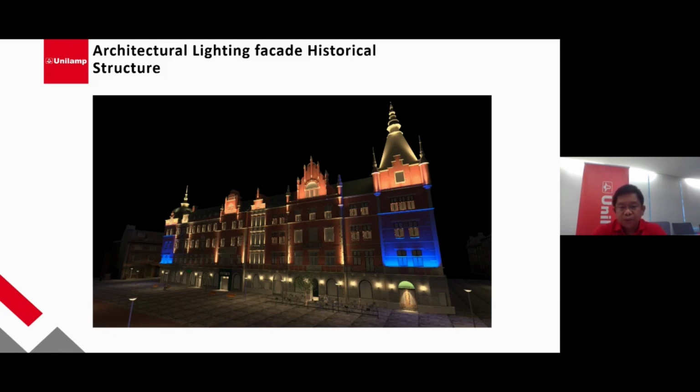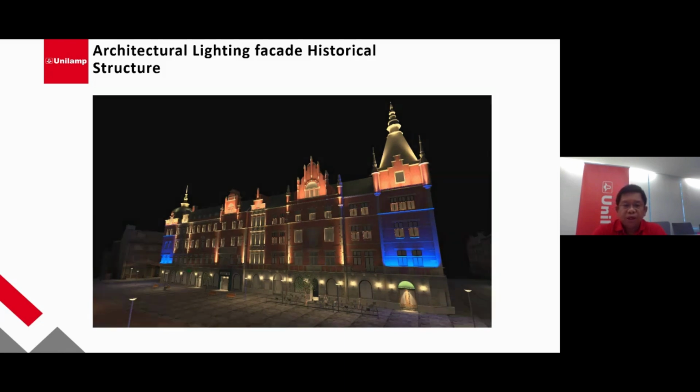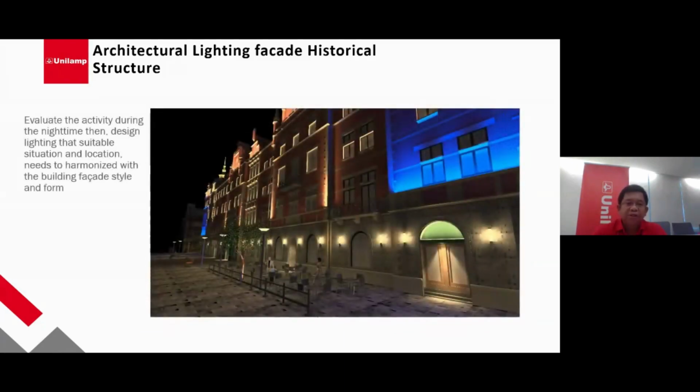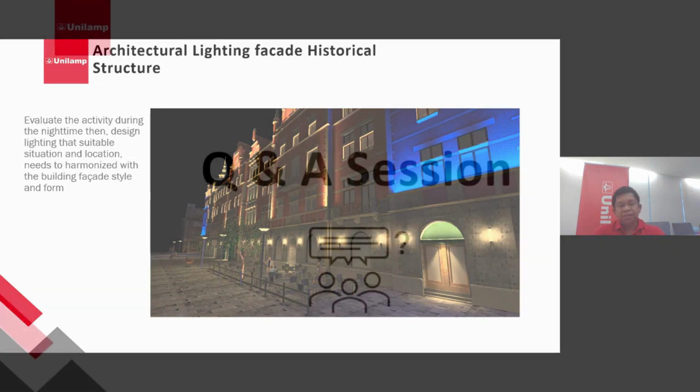So we try to introduce something as close as possible to blend with the structure. We use the stick here to blend with the building and also with its history. So evaluate the activity during the nighttime, then you can design suitable situations and locations that harmonize with the building's facade style and form.